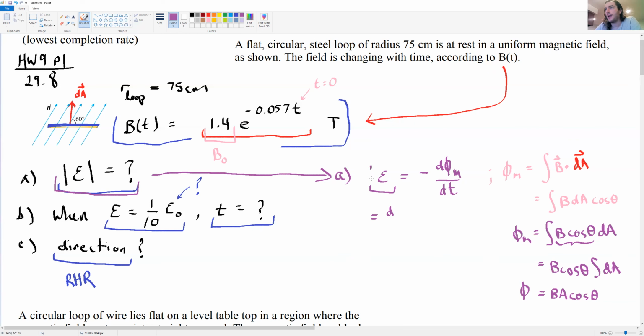Let's go ahead and take the magnitude, and just drop the minus sign right away. Probably should have done that a little bit earlier. We're going to find the direction later, in part C. So d by dt, I forgot my m here, d by dt of BA cosine theta.